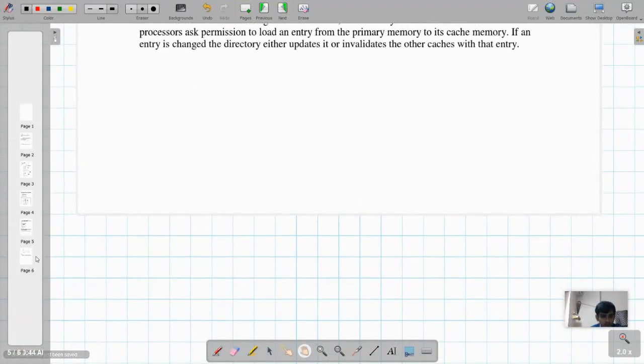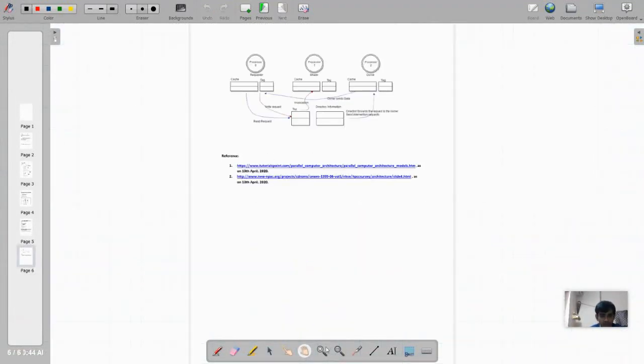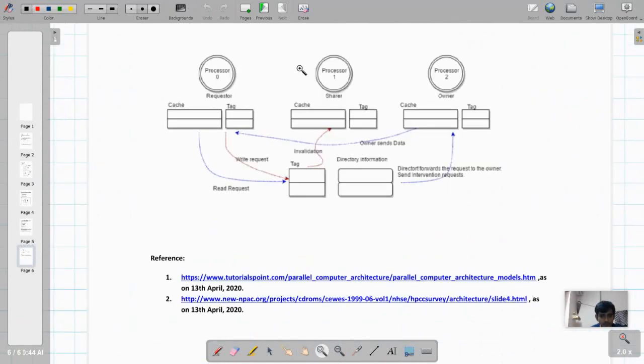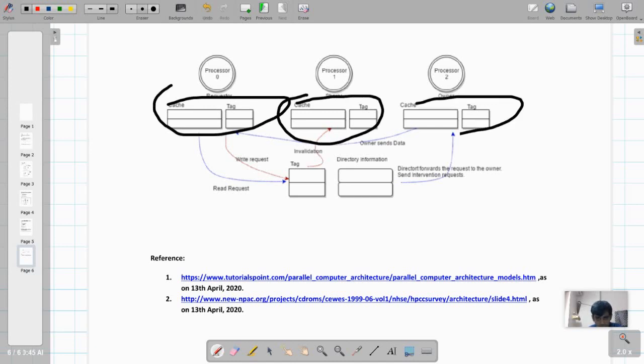Just look into this diagram. In this diagram, you can see that you have three processors in your multiprocessor architecture. Here are the native caches for the different processors, and they are connected something like this.